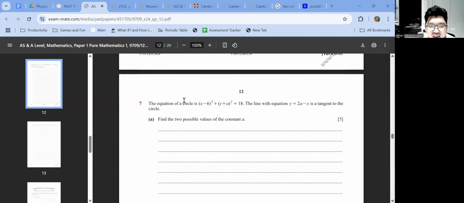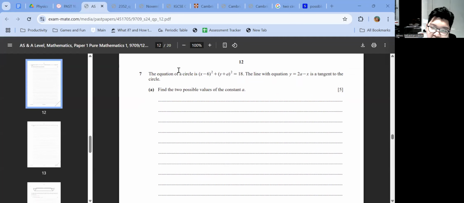The equation of a circle is this. The line is tangent. Well, substitute y into your circle equation, right?